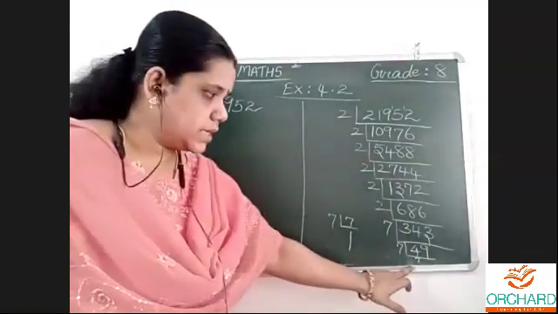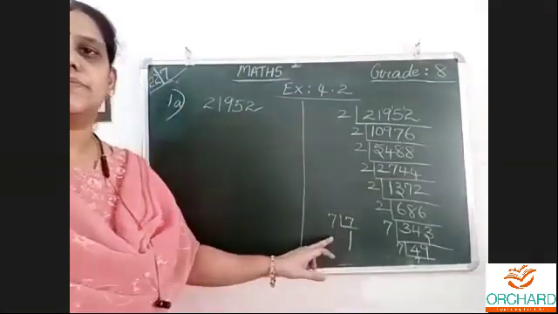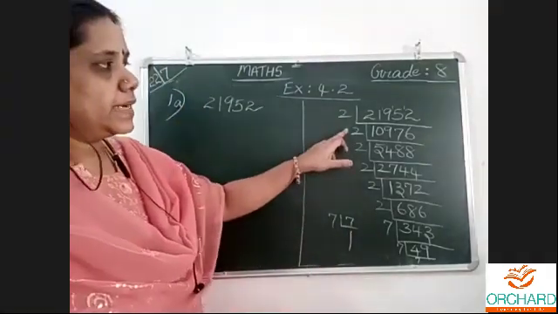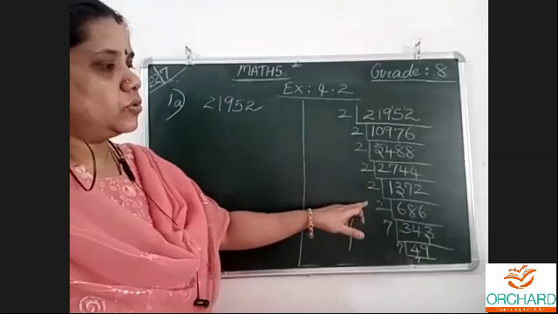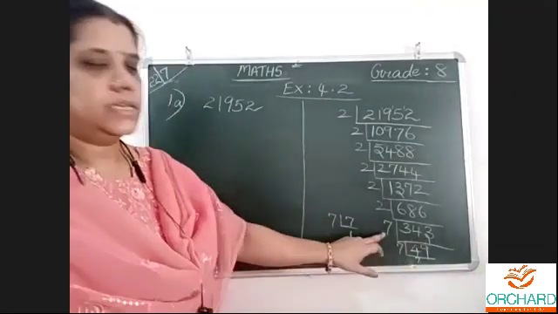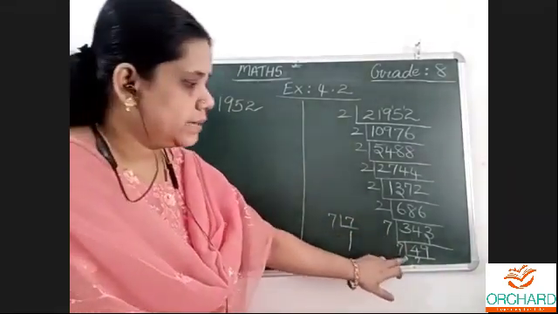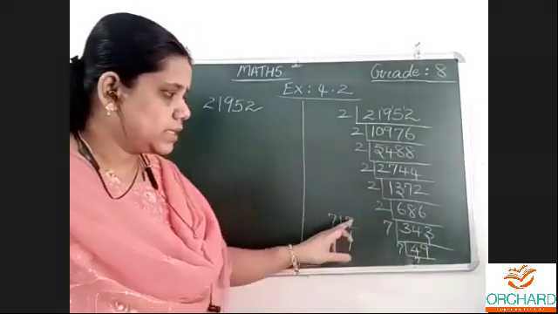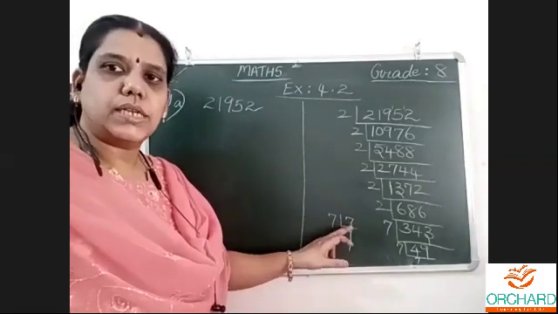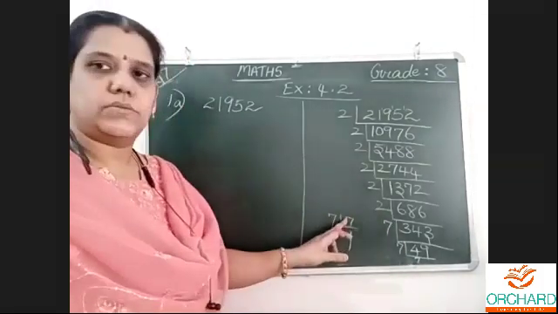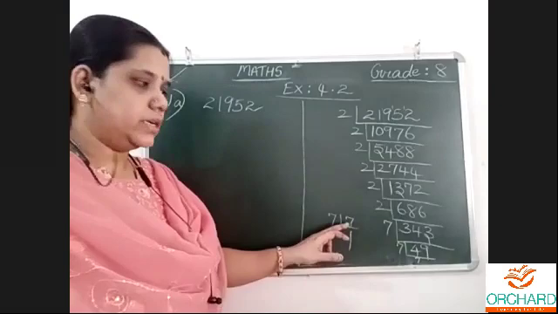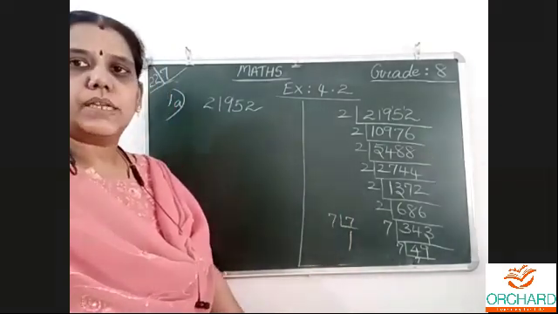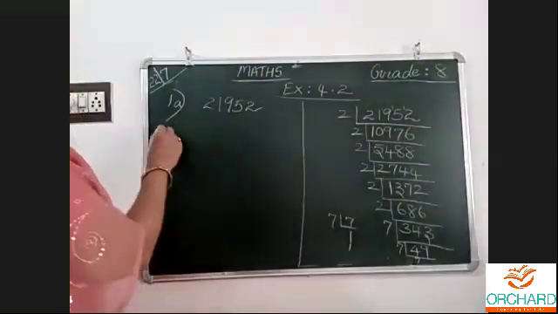The last step I wrote here. Now I did by 2, again by 2, again by 2, then odd number. So I did by 7, again by 7. 7 sevens are 49, here 1, 7. So that 7 only I wrote here. Don't say not visible. Now let us make this together.